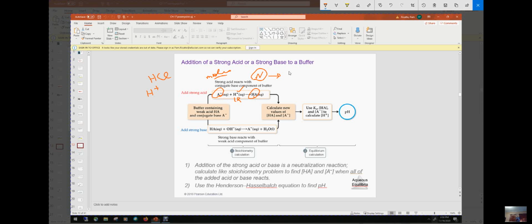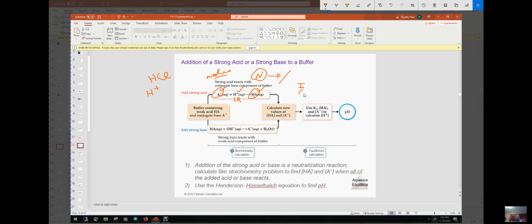I take the results of the neutralization reaction, and now I know the new amount of A minus and HA that I have in solution, and I can use the Henderson-Hasselbalch equation or just my regular Ka equation and do an ice table for part 2.